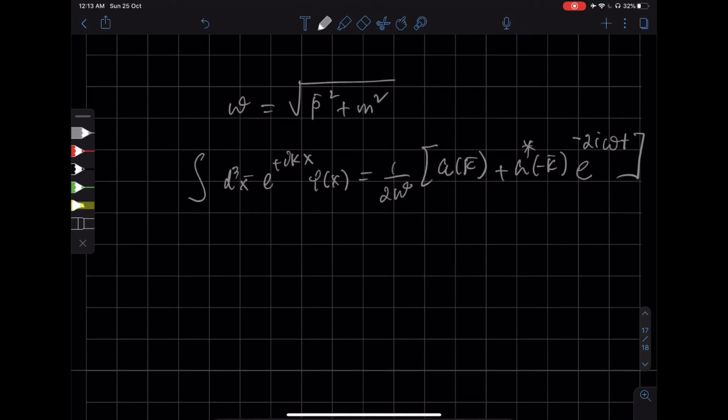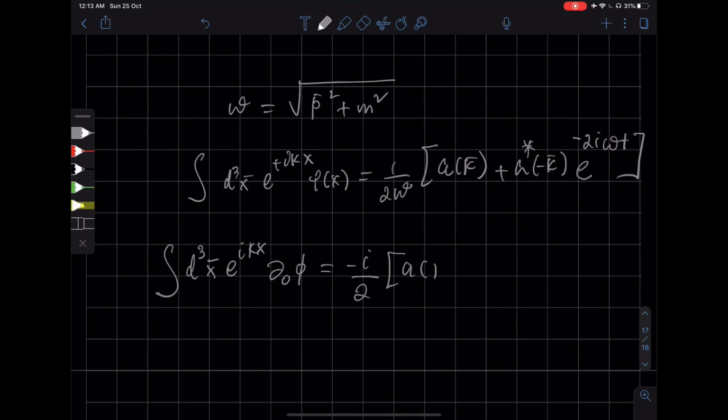Similarly, we can show that if you take the Fourier transform of the time derivative of the scalar field, we get minus i over 2, and then a of k minus a star of minus k, e to the power minus 2i omega t.